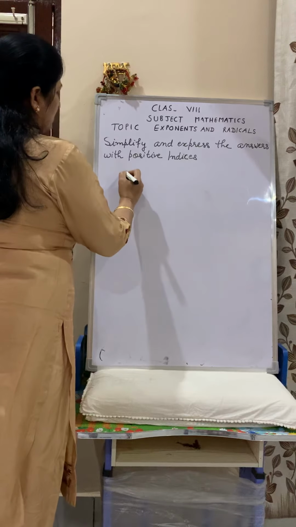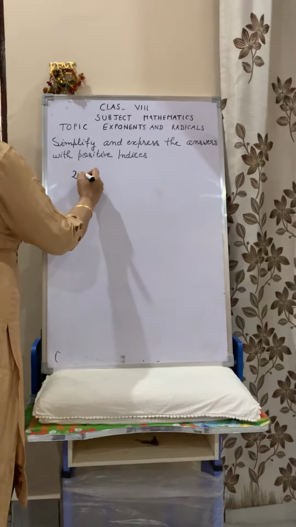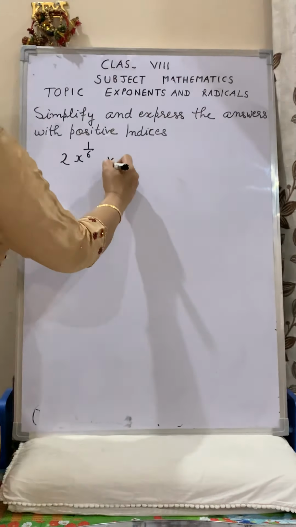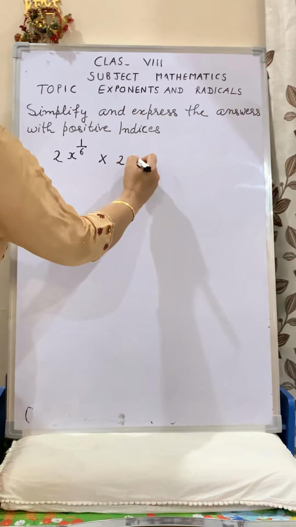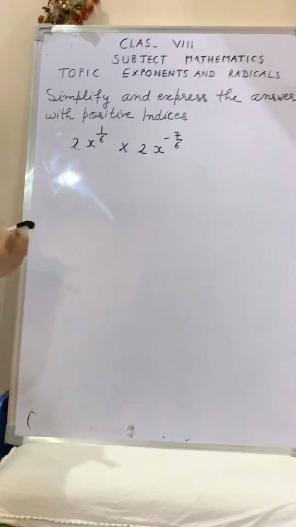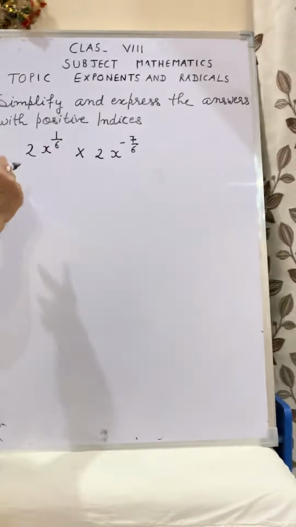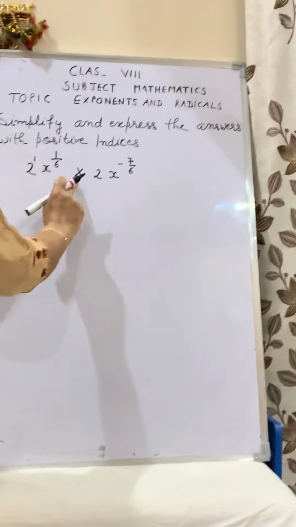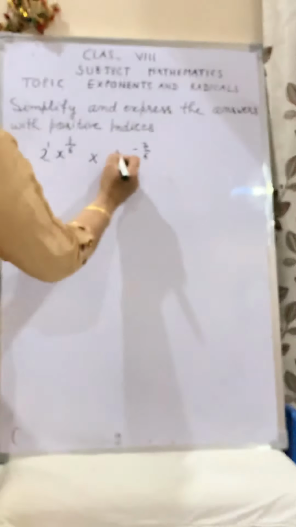2x^(1/6) multiplied by 2x^(-7/6). Here 2 is raised to power 1 and here 2 is raised to power 1.